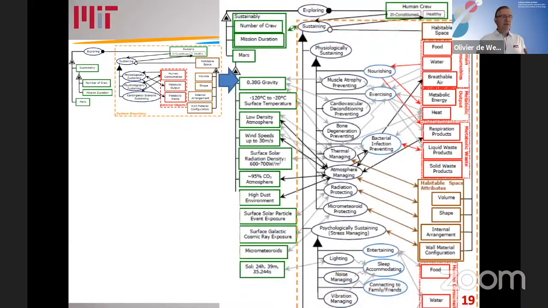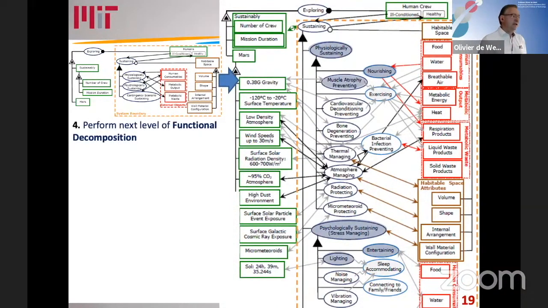Having accomplished that, we can say, okay, now let's go to further levels of detail. What does physiologically sustaining actually mean? So we're now taking that high level function and doing functional decomposition to expose the lower level functions of physiologically sustaining. So for example, the nourishing process, absolutely, we've talked about that.